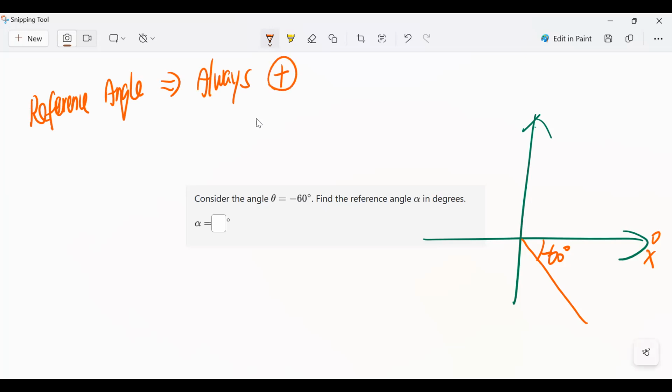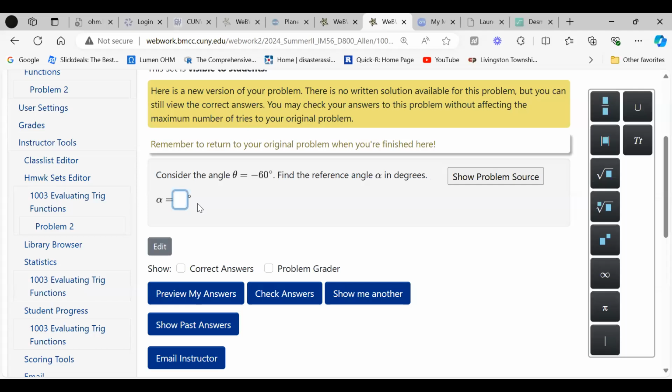Because of the direction we are moving, the angle is negative, but the reference angle is 60 degrees. Any question about this? So this is going to be 60.